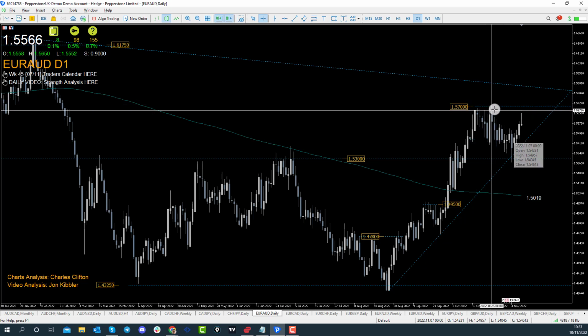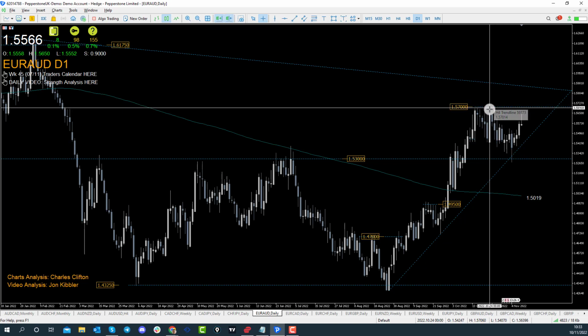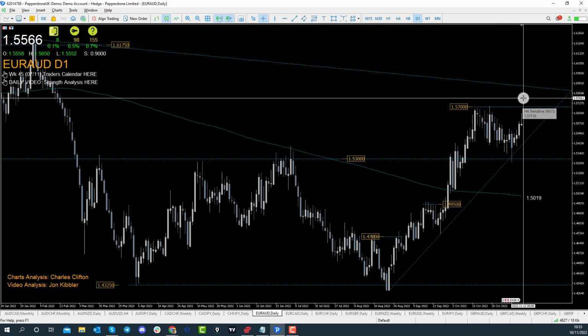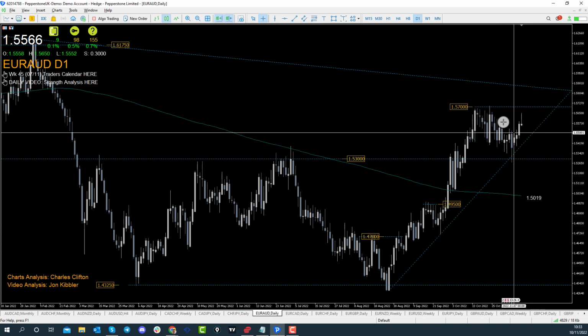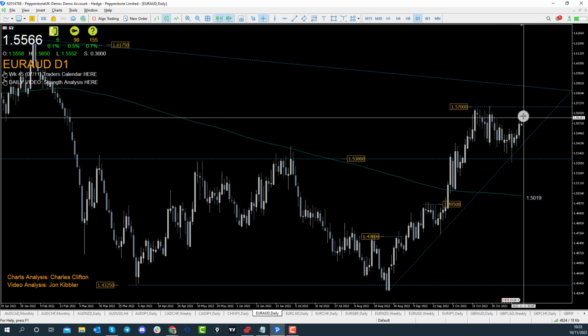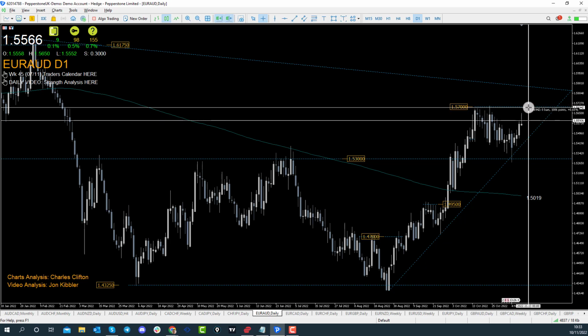So we need to be aware that sellers may be active around the 1.57 handle. However, obviously we have the confidence in the trend traders table and the day traders table that we could see a potential move up to this point.